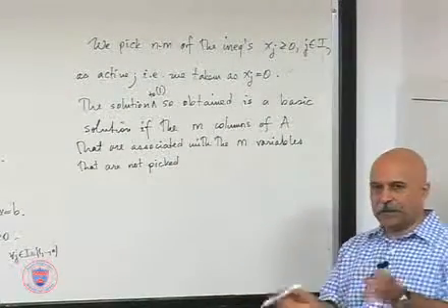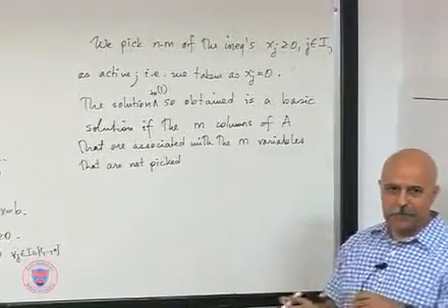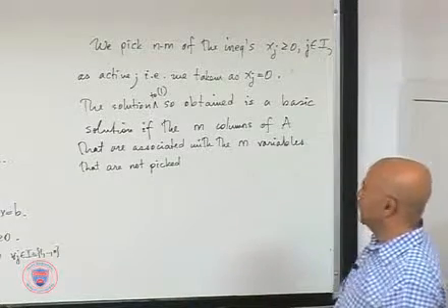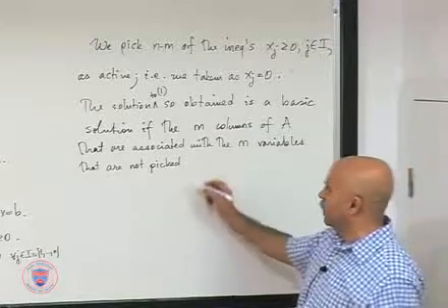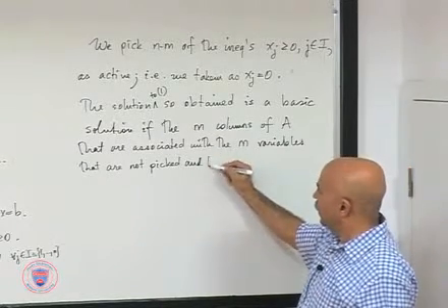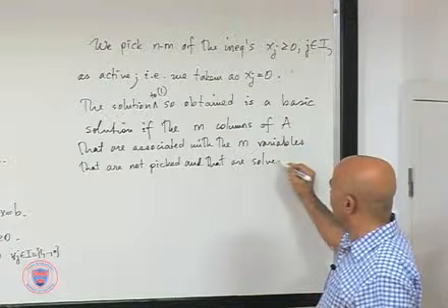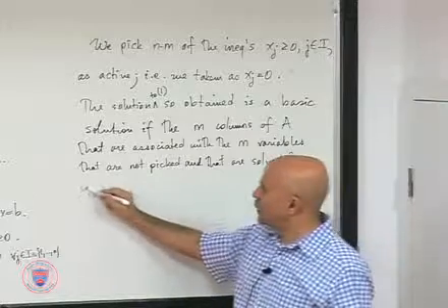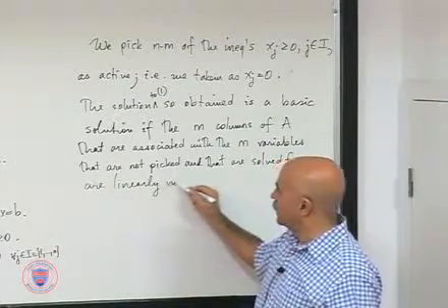The ones that are picked are those that you set equal to 0, and so the remaining ones are m. N minus m of them are set equal to 0. So the columns of A that are associated with the m variables that are not picked and that are being solved for are linearly independent.